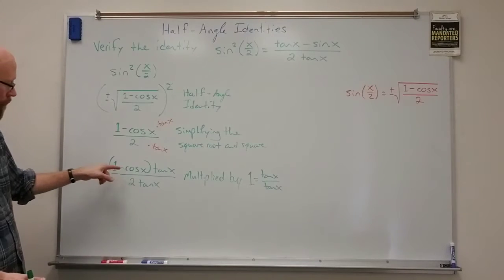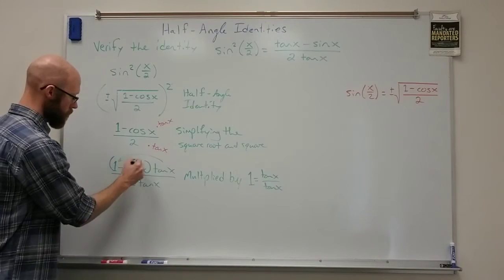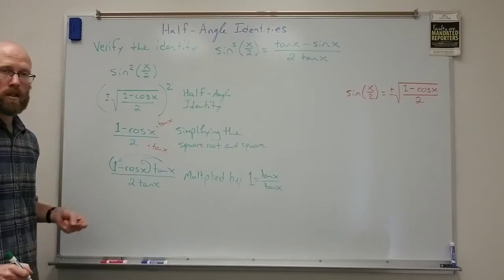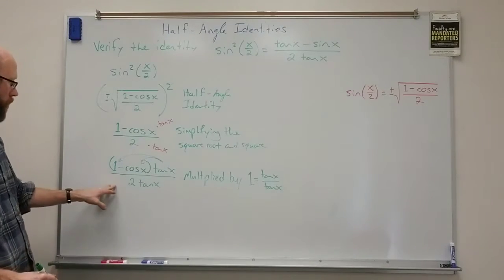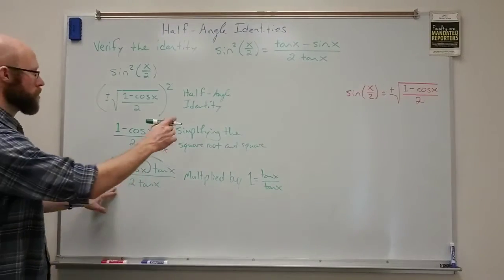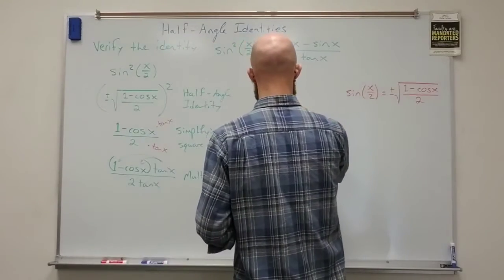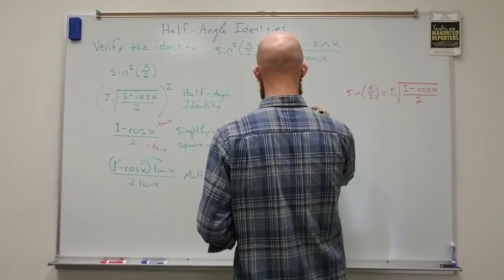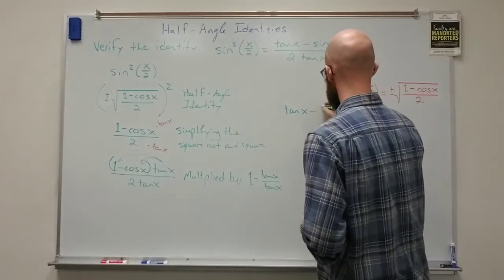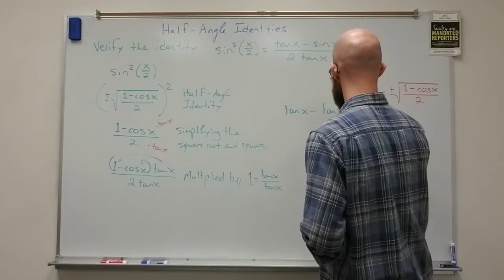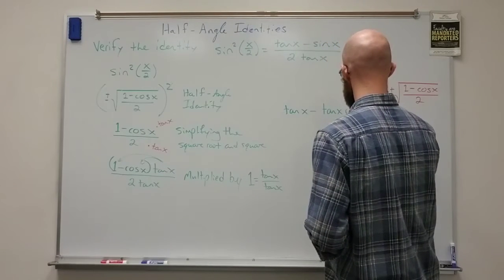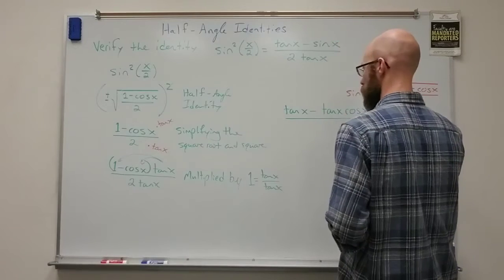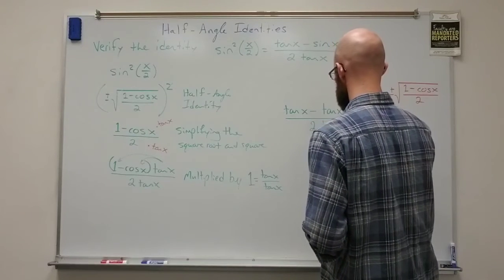Okay, so now if I distribute the tangent on top into the parentheses, we're going to get a tangent of x minus tangent times the cosine all over 2 tangent of x.